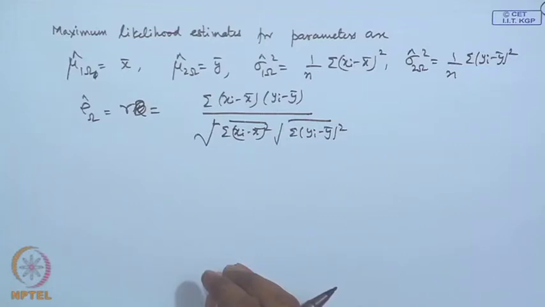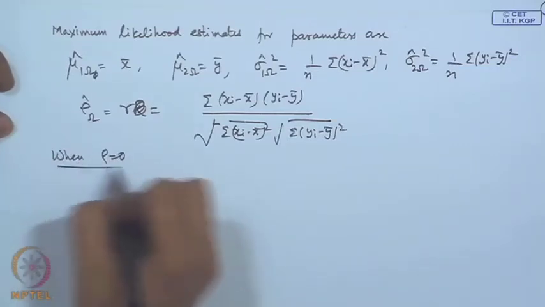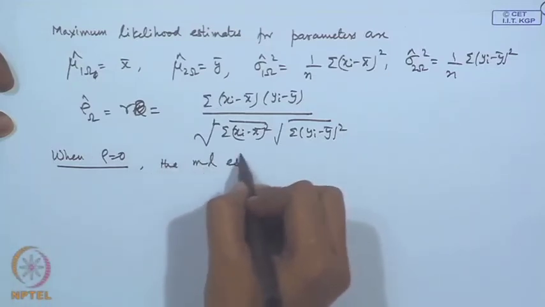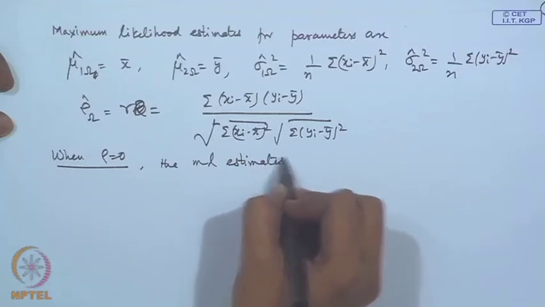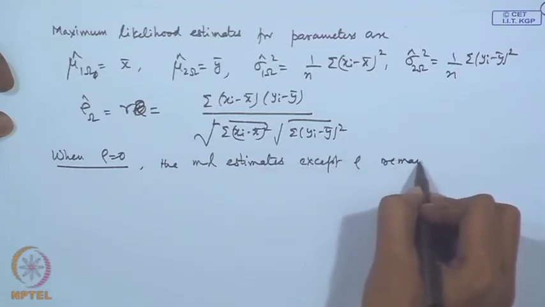Now, when rho is equal to 0, then the ML estimates except rho remain the same.